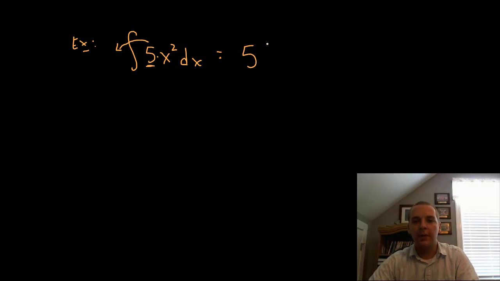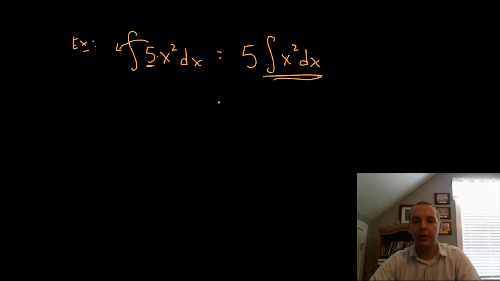Let's start with that first one, the integral of 5x squared dx. Now we're assuming in this video that you've seen the power rule before because that's what we're going to use here. But in any case, we have a constant multiple of 5 here. So I'm going to pull this 5 out, and then we'll just integrate x squared dx. And this right here is something I actually have a rule for. It's x to the n.